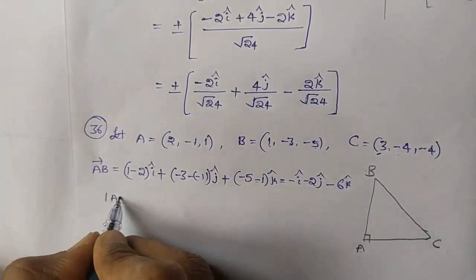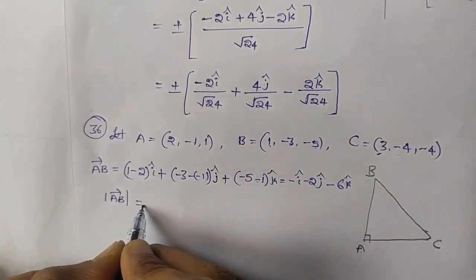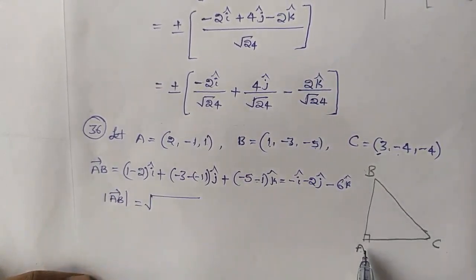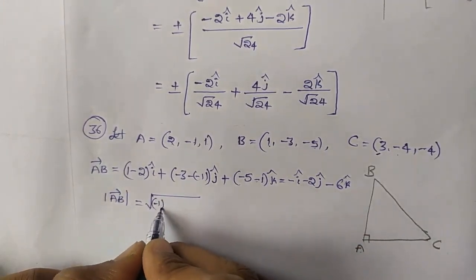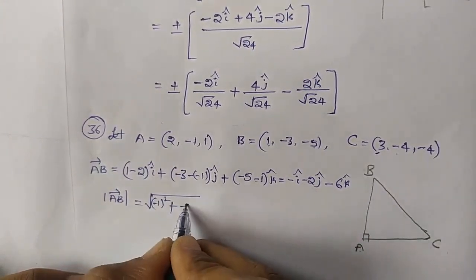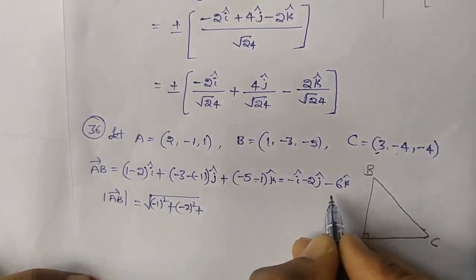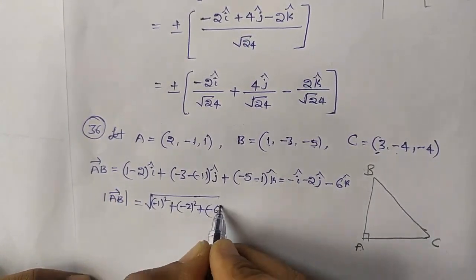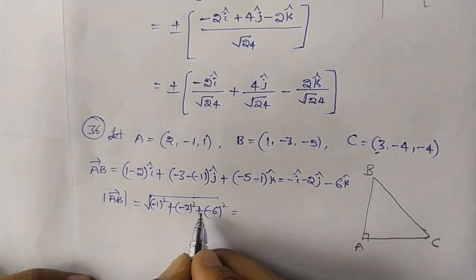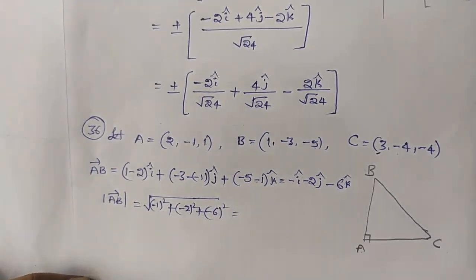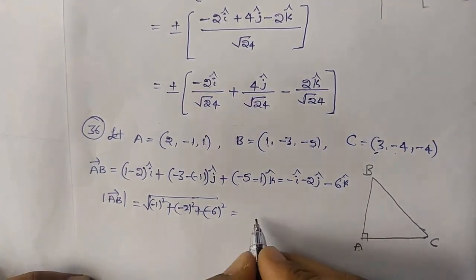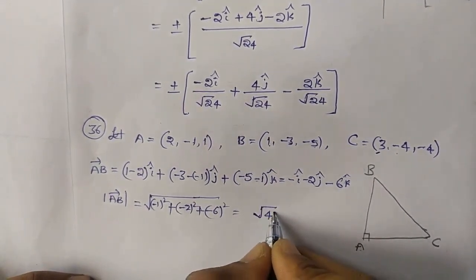Find out the magnitude of AB vector. So that is equal to the square root of minus 1 whole square plus minus 2 whole square plus minus 6 whole square. 36 plus 4 is 40, 40 plus 1 is 41, that is equal to the square root of 41.